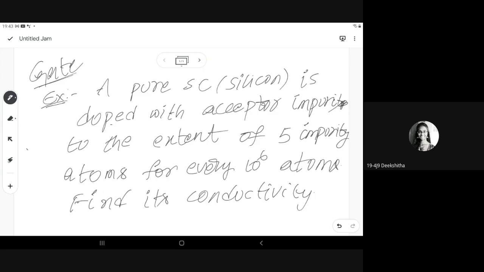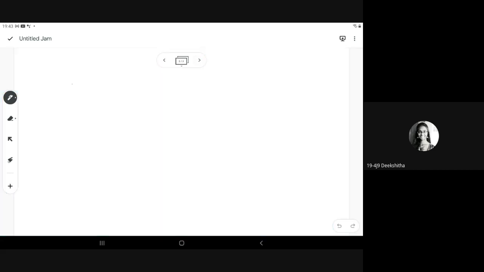So what is the doping ratio? 5 impurity atoms for every 10 power 6, sir. So how is it going to be denoted? 5 by 10 power 6. Yes, 5 by 10 power 6.